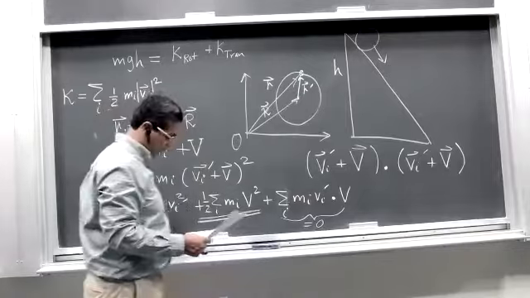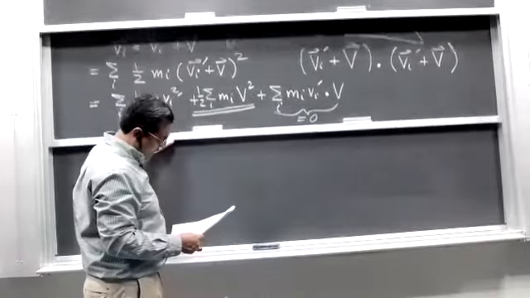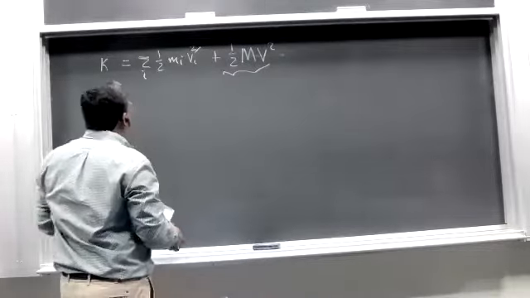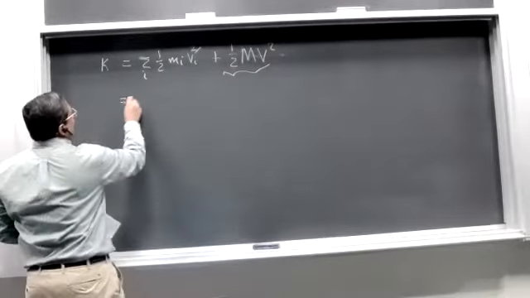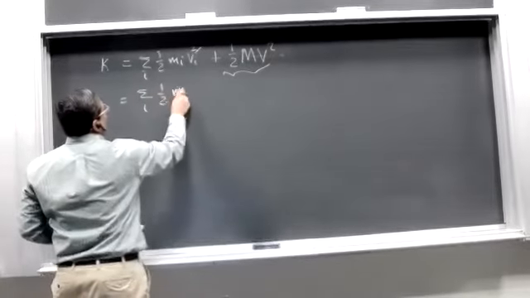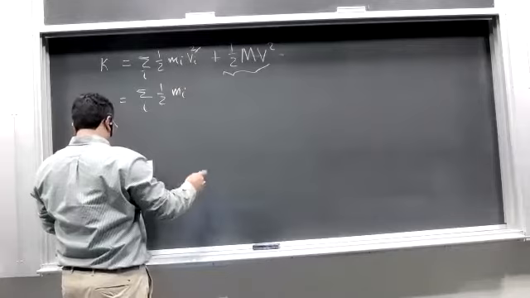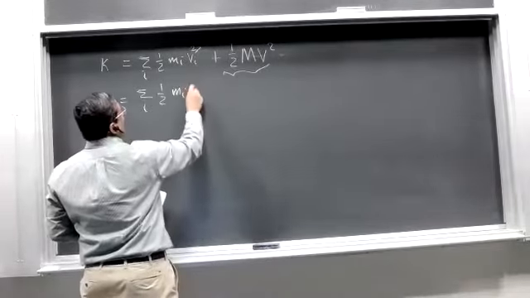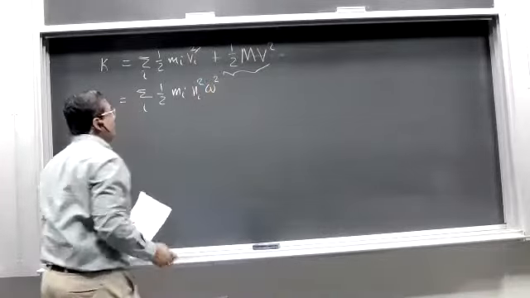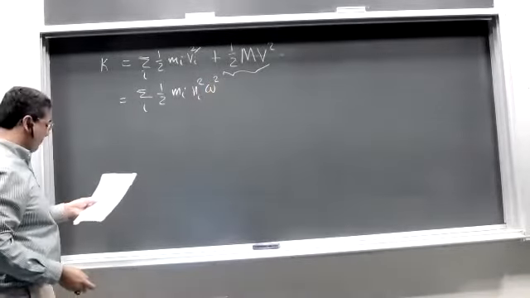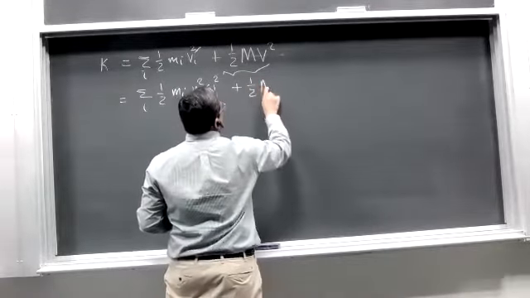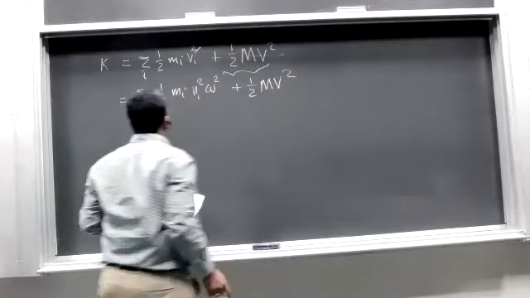If that velocity is omega, then we can write half m_i, and what is v_i? R_i squared omega squared, no? Plus half M v squared.